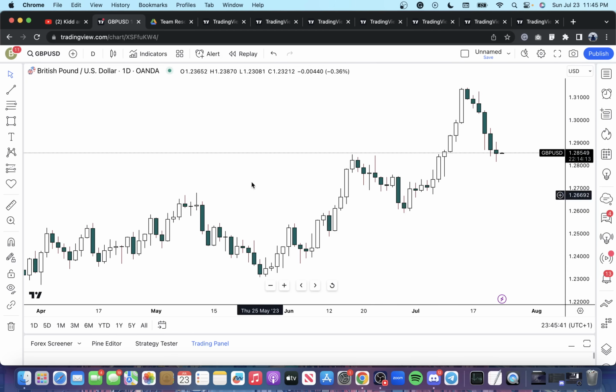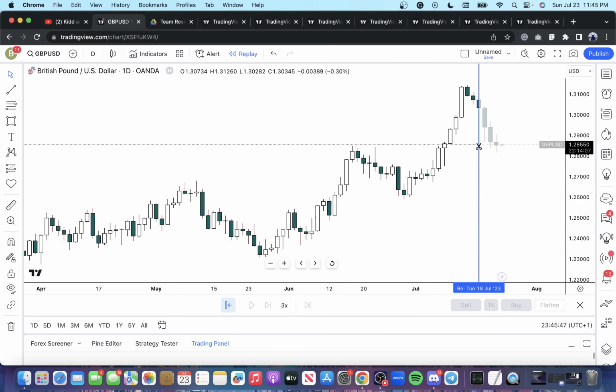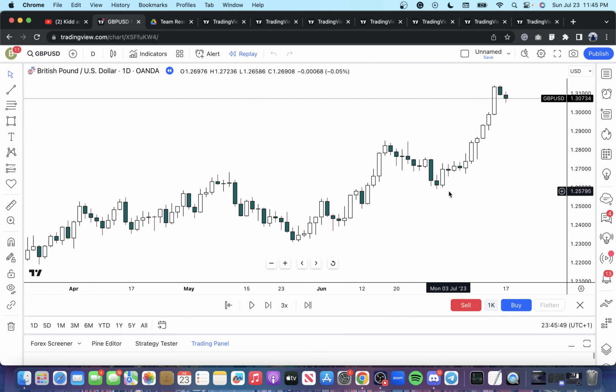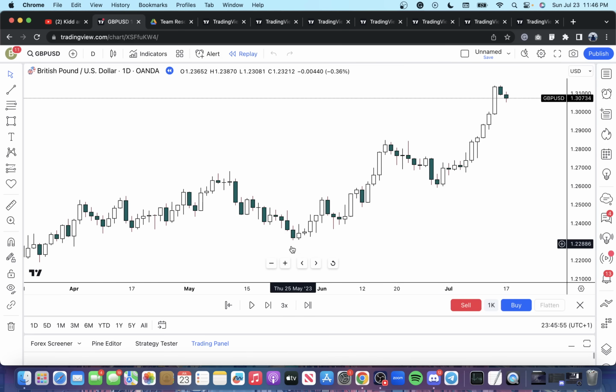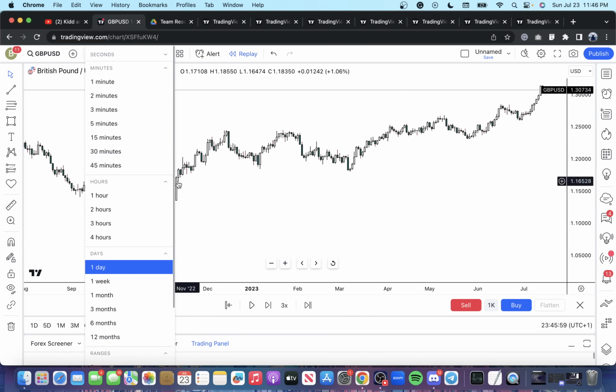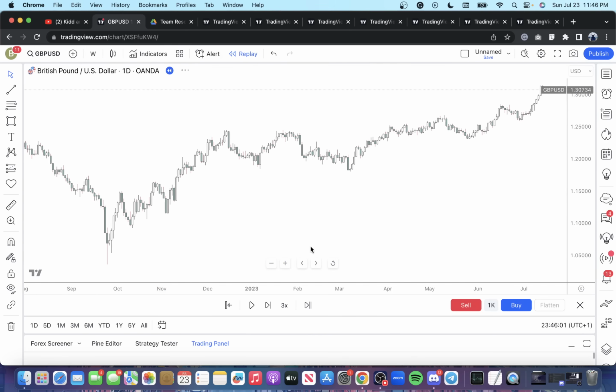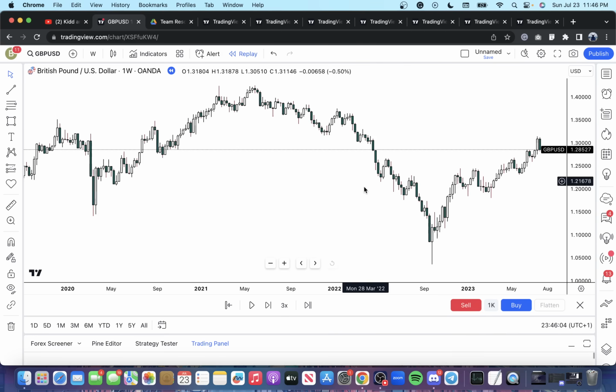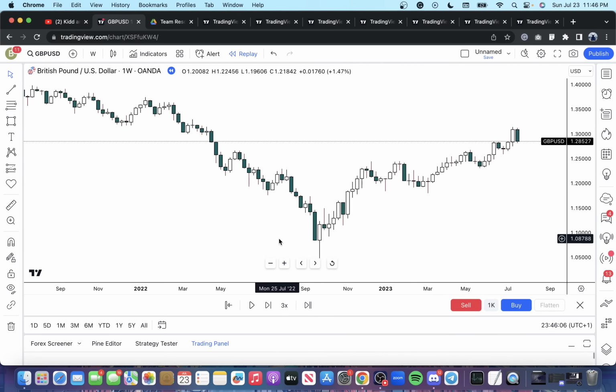All right, so what we're going to do here with pound, let me actually remove Tuesday's daily range. We're going to use a replay tool to simulate, though it's not simulating real time trading because there's no money involved, we're going to use a replay tool to pretend we're trading live. All right, so now let's do the analysis here. Let's identify our key higher time frame levels and then define our program.